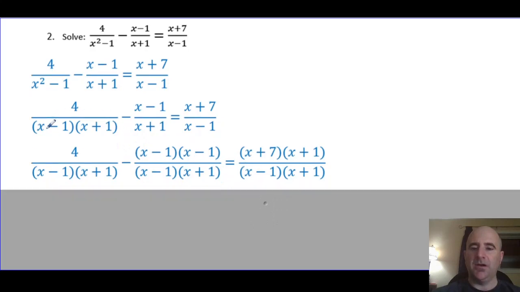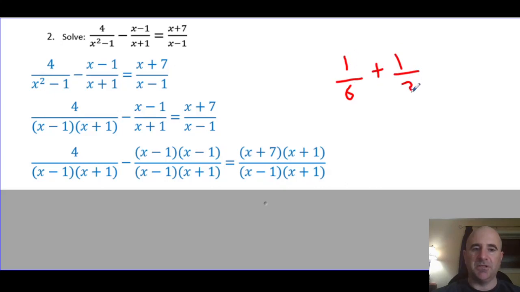So I notice that the lowest common denominator is x minus 1 times x plus 1. Since this denominator is x plus 1, I can just multiply it by x minus 1. And since this denominator is x minus 1, I can just multiply it by x plus 1. So I don't multiply all the denominators together. It's kind of like when you have a sixth plus a third.